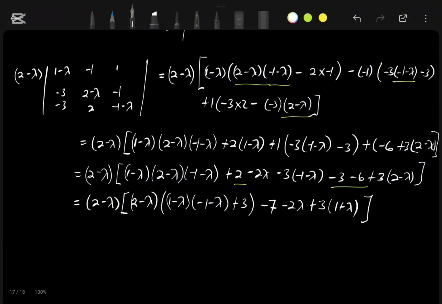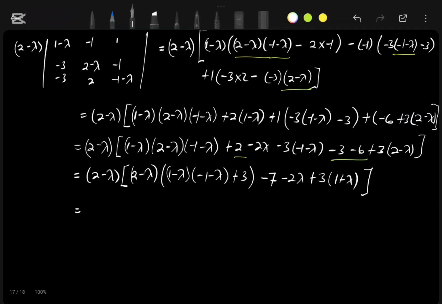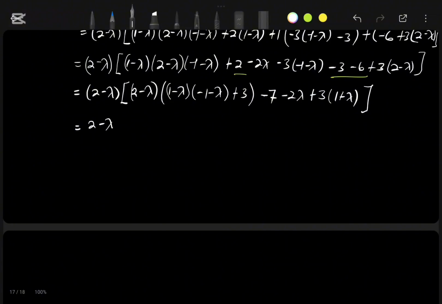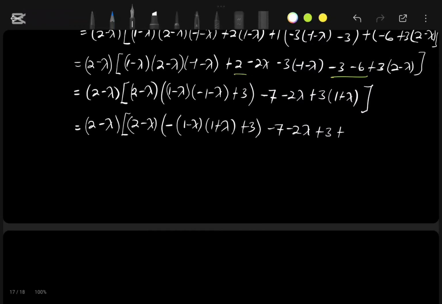So now we have everything we need. This is equal to 2 minus lambda, so we have 2 minus lambda, and expanding everything here, we have minus into brackets 1 minus lambda, 1 plus lambda, plus 3 minus 7 minus 2 lambda plus 3 plus 3 lambda.